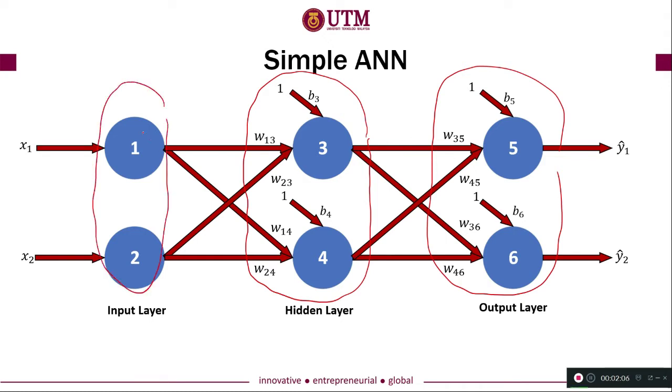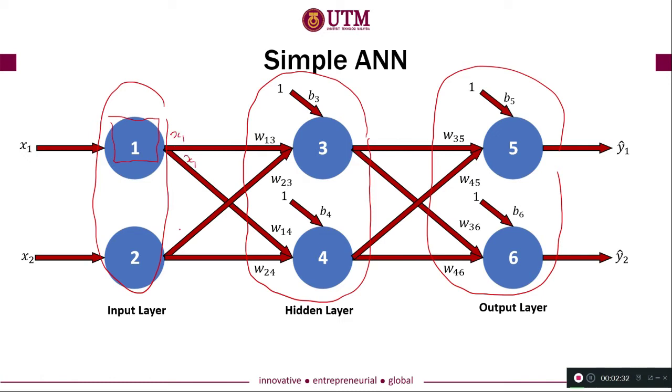Even though I draw it as a circle, and not as a square like in the previous example, you need to remember the input layer should not have any neuron. This X1 will go directly into this one and this one as well.